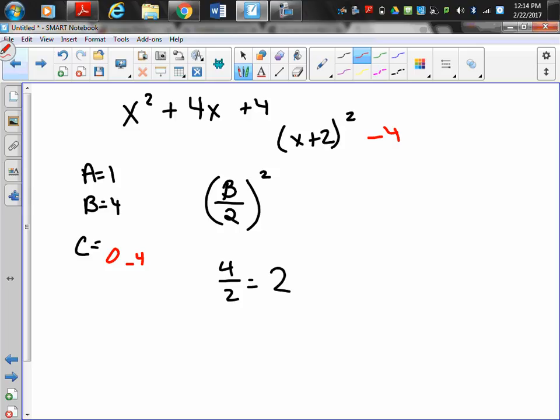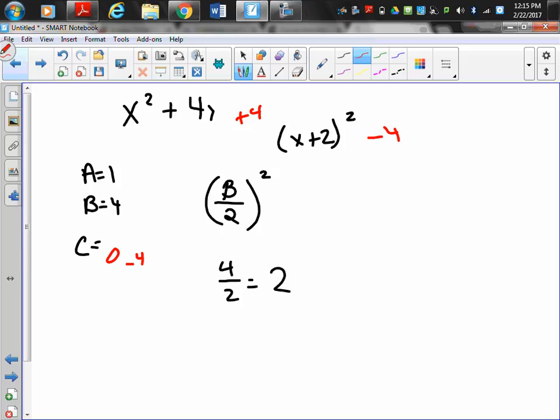All right. So we went back to this problem. When we started, we had this right here. So what was my C value? 0. So when I added plus 4, 0 plus 4 is 4. It's not 0 anymore. So I have to subtract what I added.